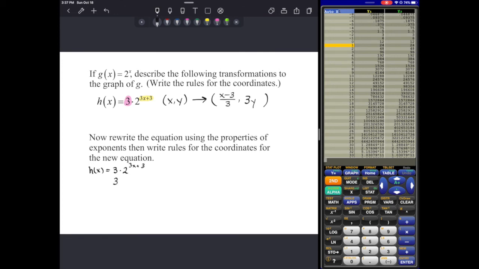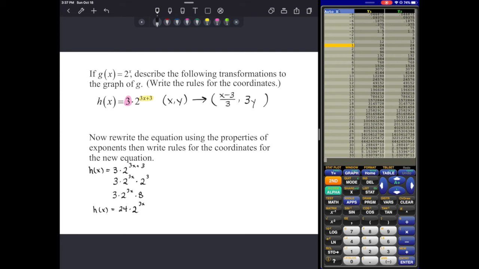So we're going to say 3 times 2 to the power of 3x times 2 to the third power. We know 2 to the third power is 8, so we have 3 times 2 to the power of 3x times 8. Rearrange it and you'll get h of x is equal to 24 times 2 to the power of 3x.